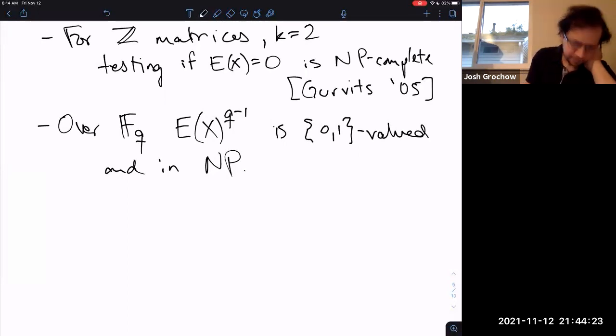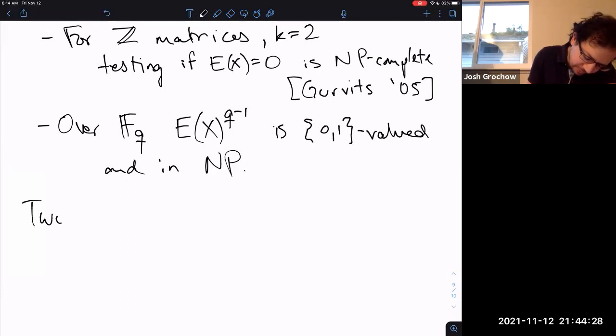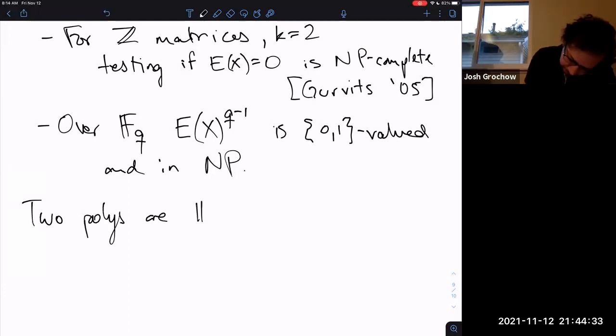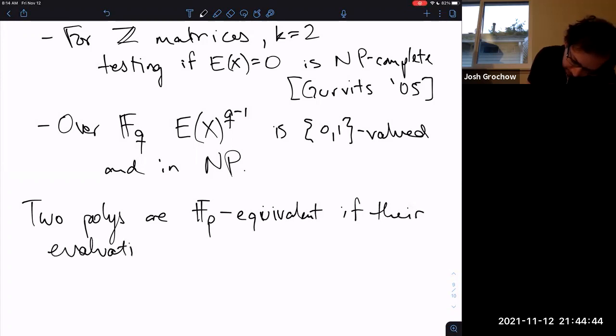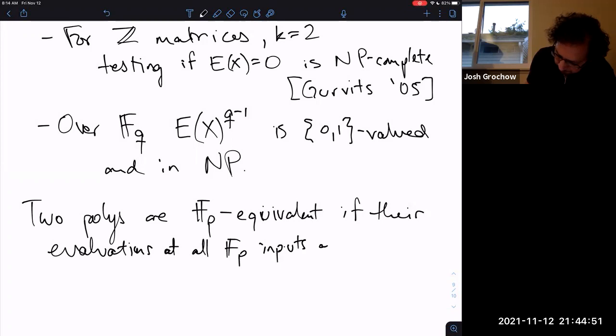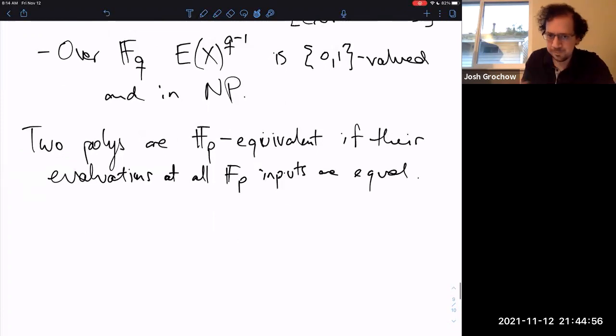Just for shorthand, we'll say two polynomials are FP equivalent if their evaluations at all FP inputs are the same.